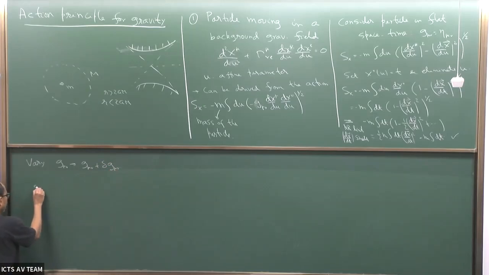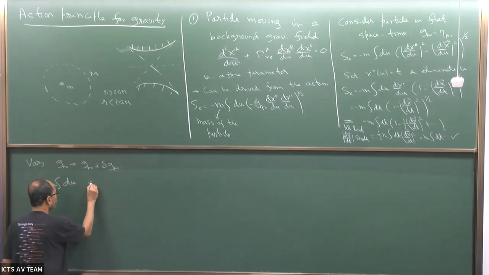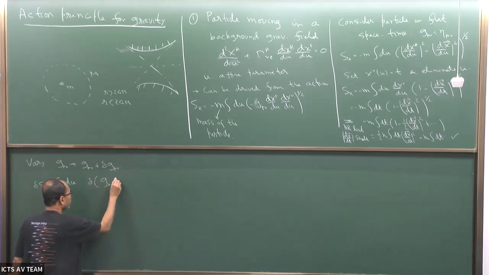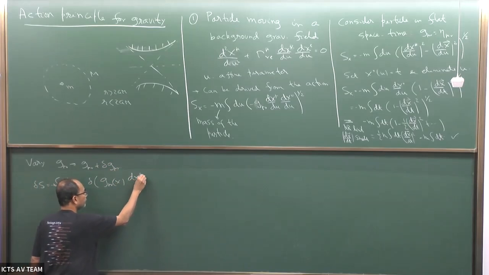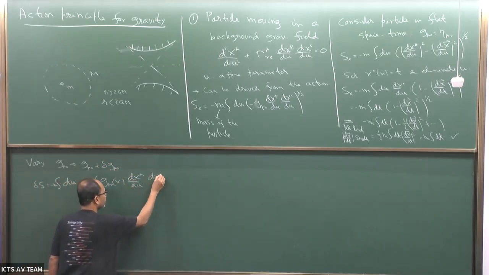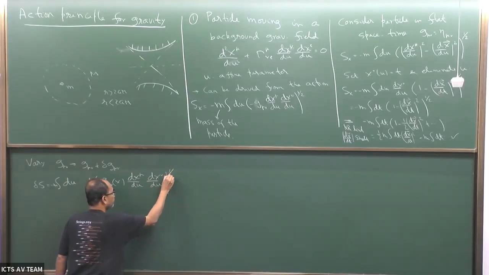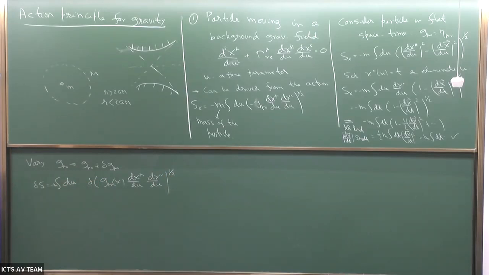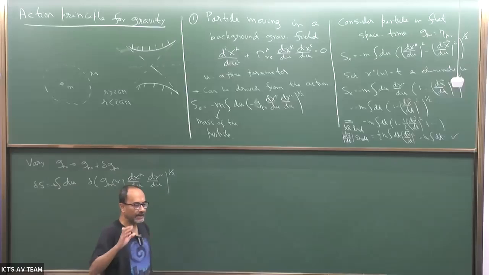Then delta S becomes integral du minus m. It's not a background anymore; you want to think of the metric as a dynamical object, because ultimately what you are interested in is to derive all the equations.